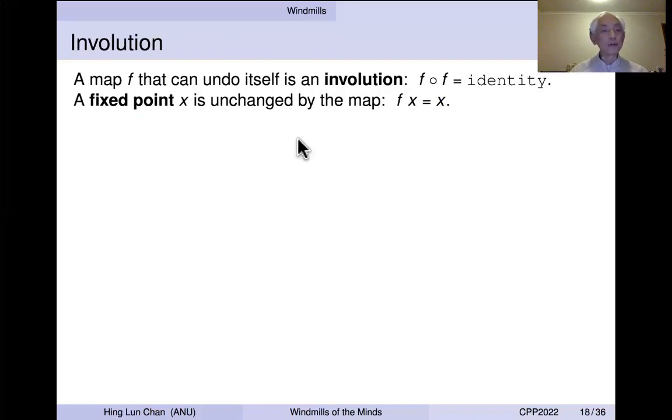So let us talk a bit about involution. An involution is a map taken into itself, like this, right? And a fixed point is a point x unchanged by the map. So if you transform a point x by the map, right, it just comes back to itself, and then this one is fixed.